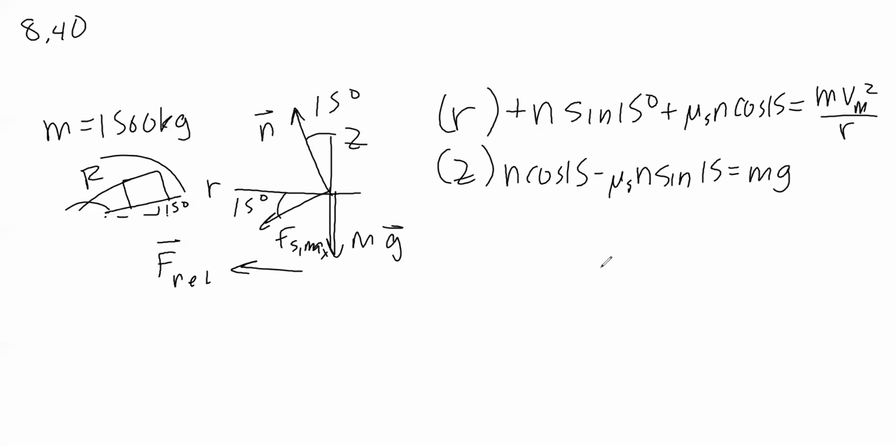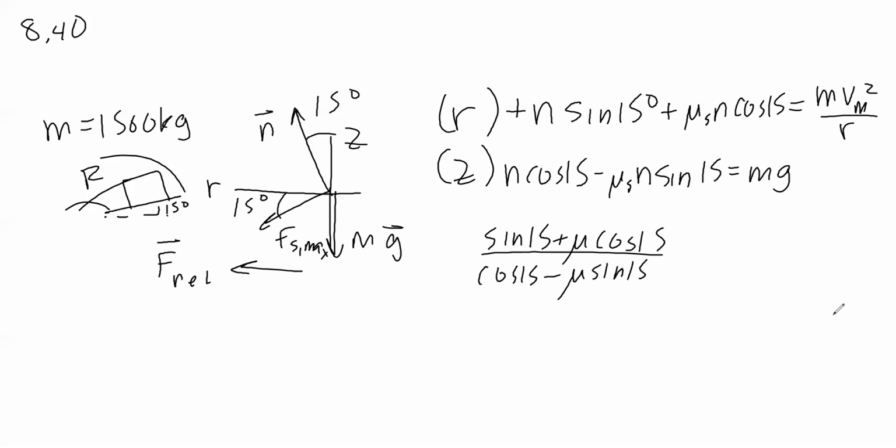If you factor out the normal force and then divide, what you'll get is sine of 15 plus mu cosine of 15 divided by cosine of 15 minus mu sine of 15.